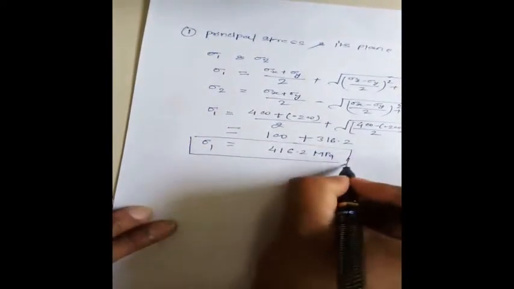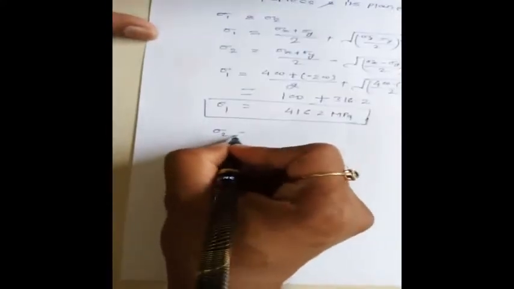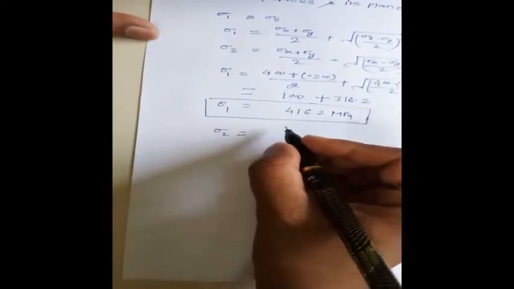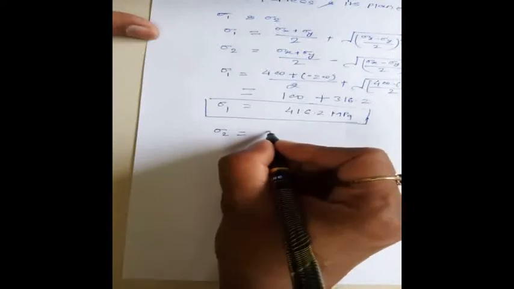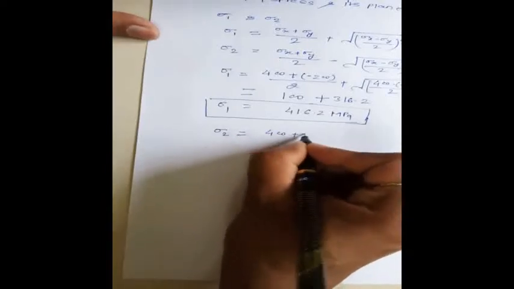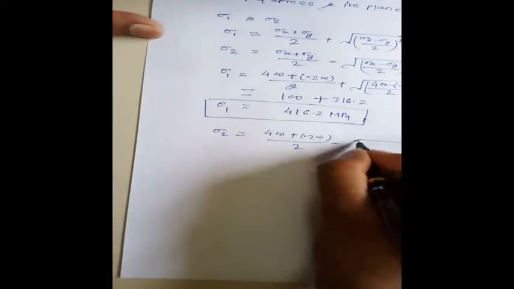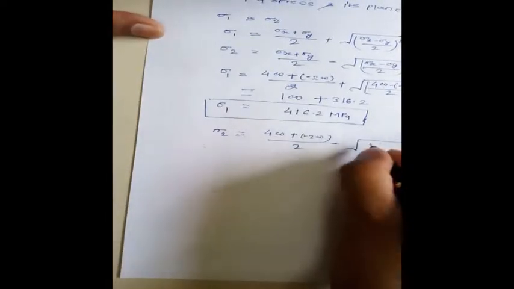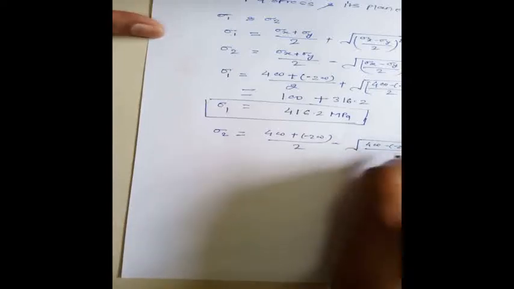So sigma 1 is positive, tensile in nature. Sigma 2, the minor principal stress, similarly you can put the values: 400 minus 200 by 2, with the negative sign taken before the root. Directly you can also solve the problem.